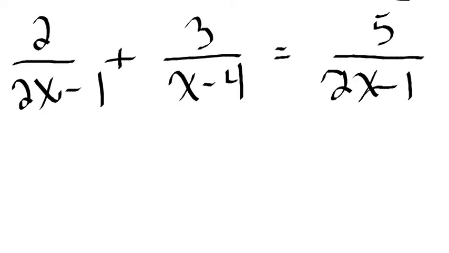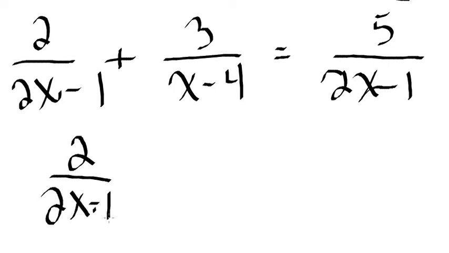So what we're going to do is I'm going to rewrite 2 over 2x minus 1. Now we're going to multiply. I'm going to put parentheses around this because we're going to have to multiply. What color should we use? How about I use green?